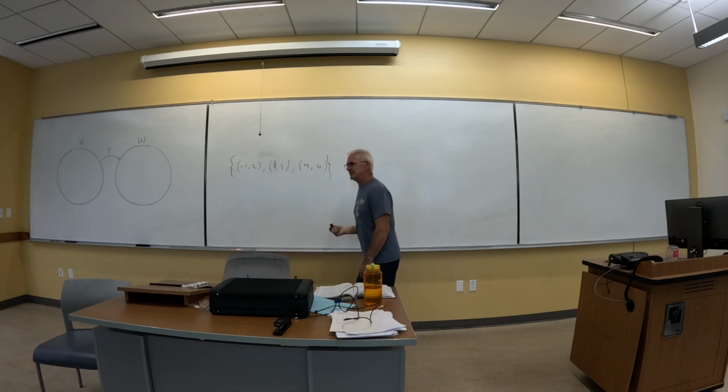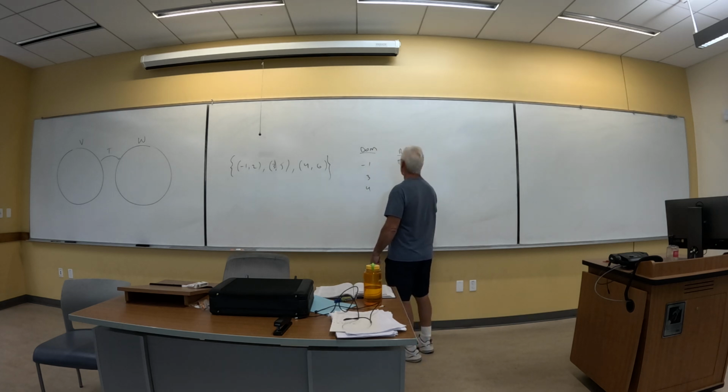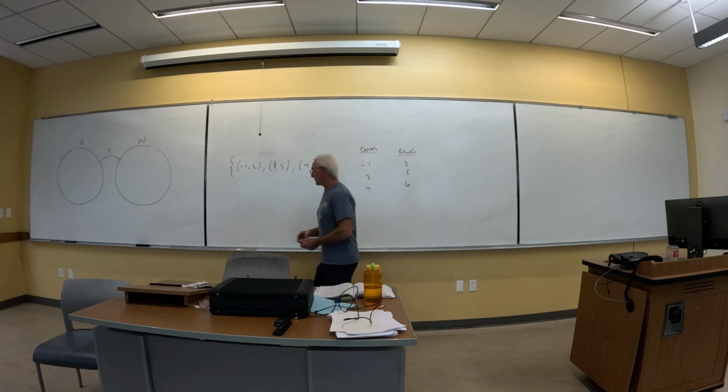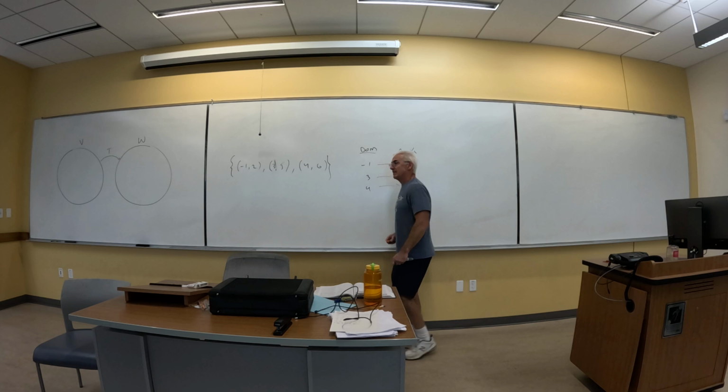Something as simple as this. And I said, now, what is your domain in baby algebra? And what is your range? In this case, it would be 2, 5, 6. A mapping literally was something this simple.